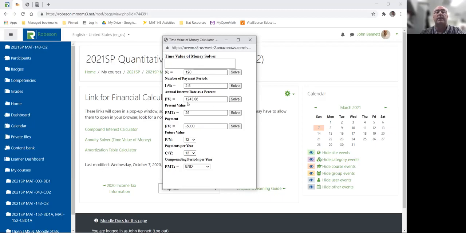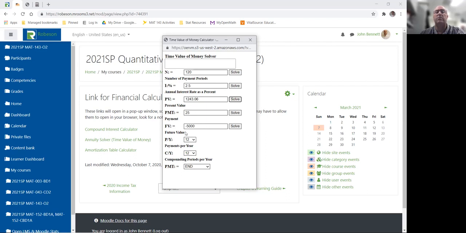And notice that it says that our initial payment needs to be $1,243.06. So if I were to deposit that much in the account today, and then continue to deposit $25 at the end of each month, at the end of 10 years, I would be able to take out that $5,000 balance at the end. And that's what you have to think about with the arrangement of the signs.